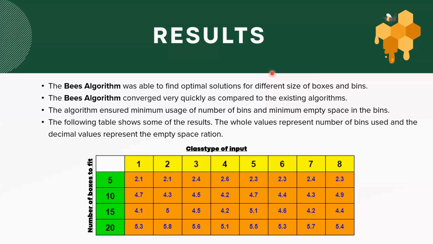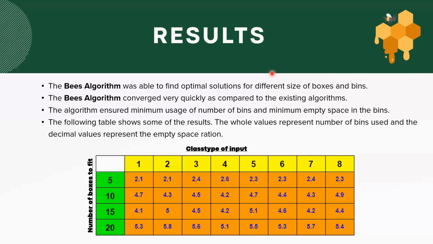Third is that the algorithm ensured minimum usage of number of bins and minimum empty space in the bins. Both of these were our objective, and the cost function was also formulated according to our objective.